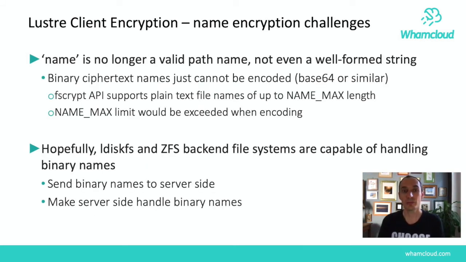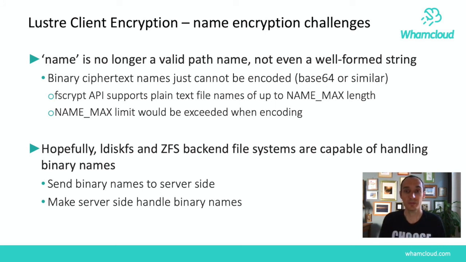So, supporting name encryption is a challenge in Lustre because when the name is encrypted, it's no longer a valid path name, not even a well-formed string. So we could not just simply base64 encode the encrypted names, because every encoding mechanism doesn't have a 100% efficiency.